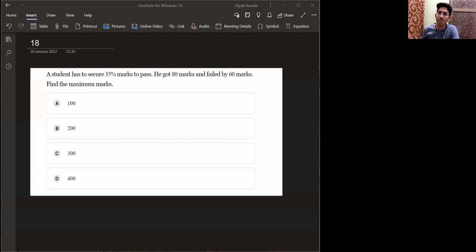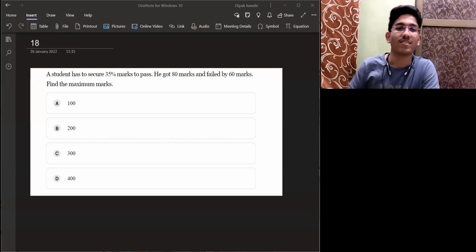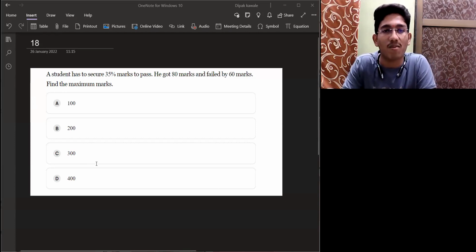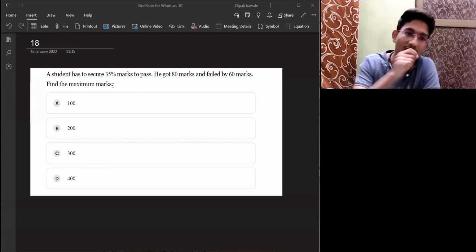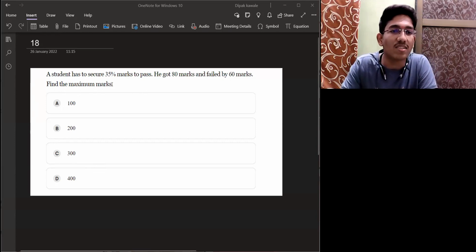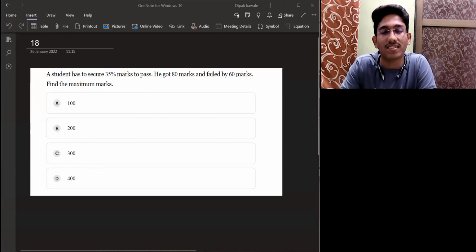Students, before moving to our medium level of problem, let's take the last type of problem. But here is something different. What is the difference? I will tell you. A student has to secure 35% marks to pass. He got 80 marks and failed by 60 marks.